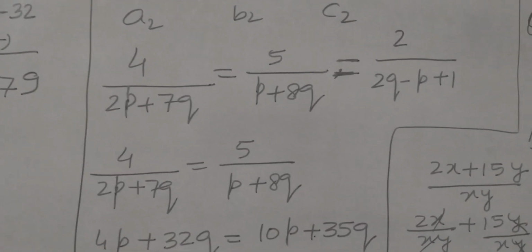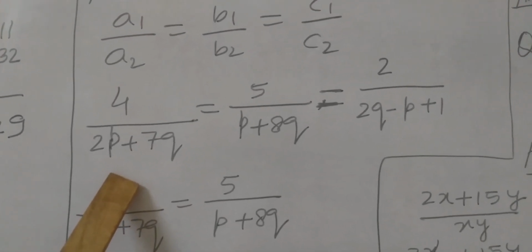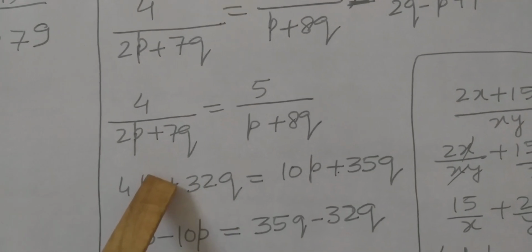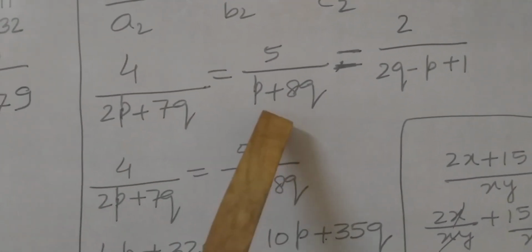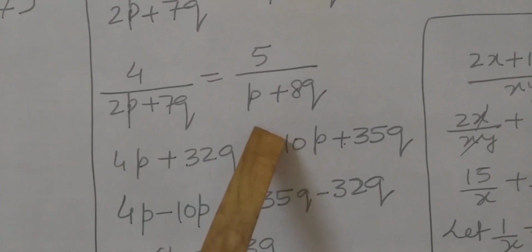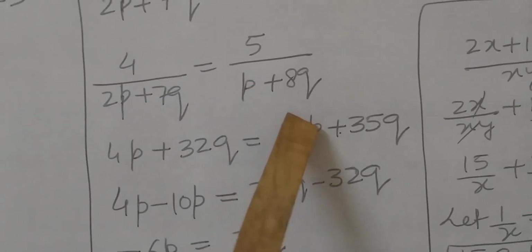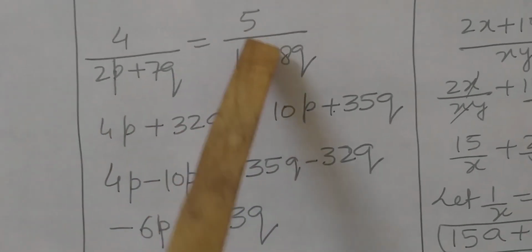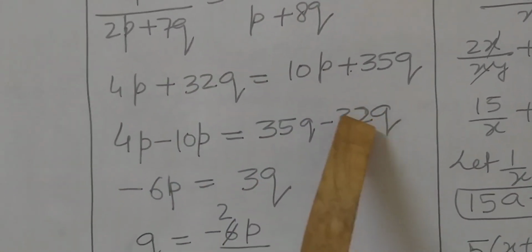Okay students, so a1 upon a2 we are going to take equal to b1 upon b2. We are taking the first two parts, students. Now we have to do cross multiplication here. So 4p plus 32q equals 10p plus 35q.